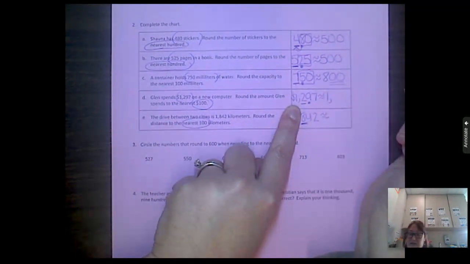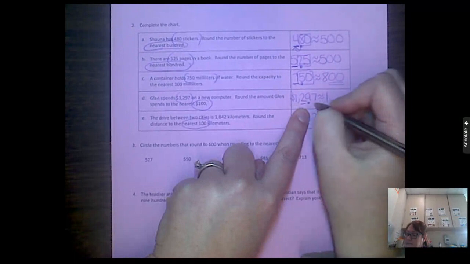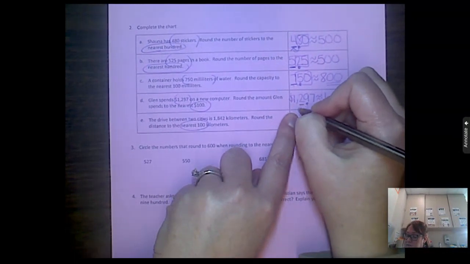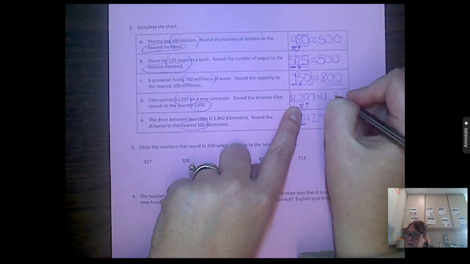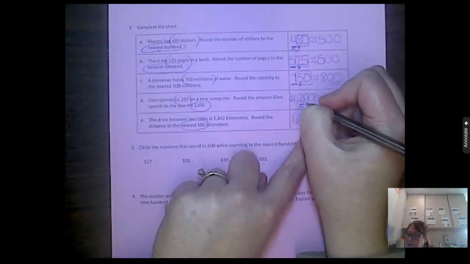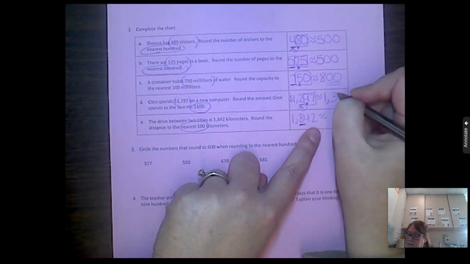That's just there, right? We said 5 or above, give it a shove. So that means the 2 gets a shove up one number to a 3. And these two numbers become zeros. 1,300, is that what you got? Good. And if not, I'm hoping that just going over it helps it to become a little bit more clear and we'll get the hang of it.